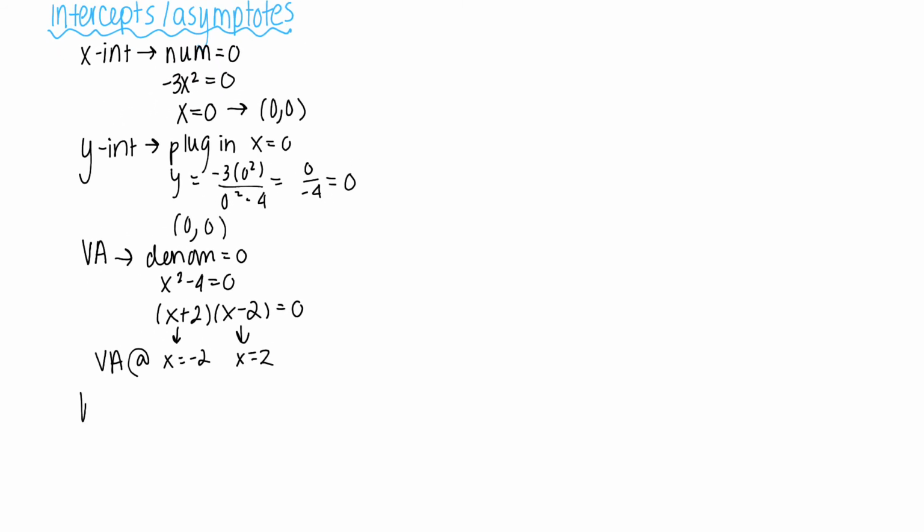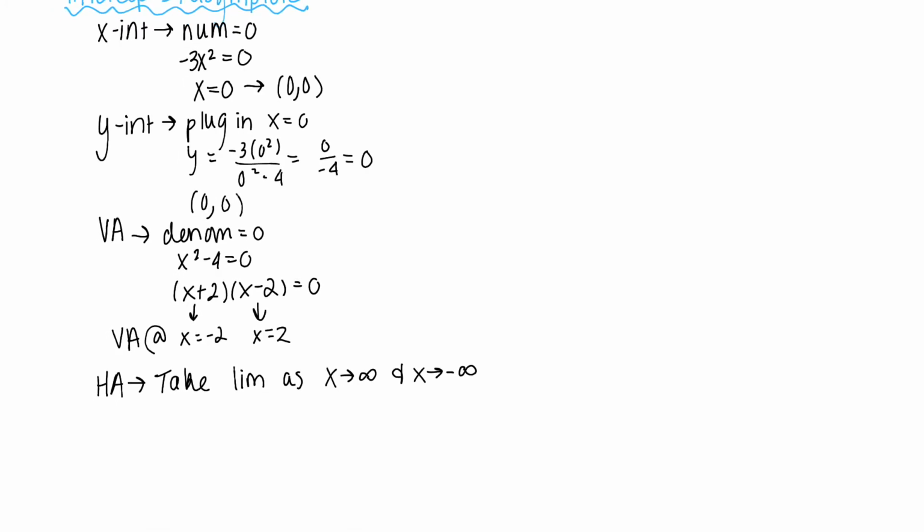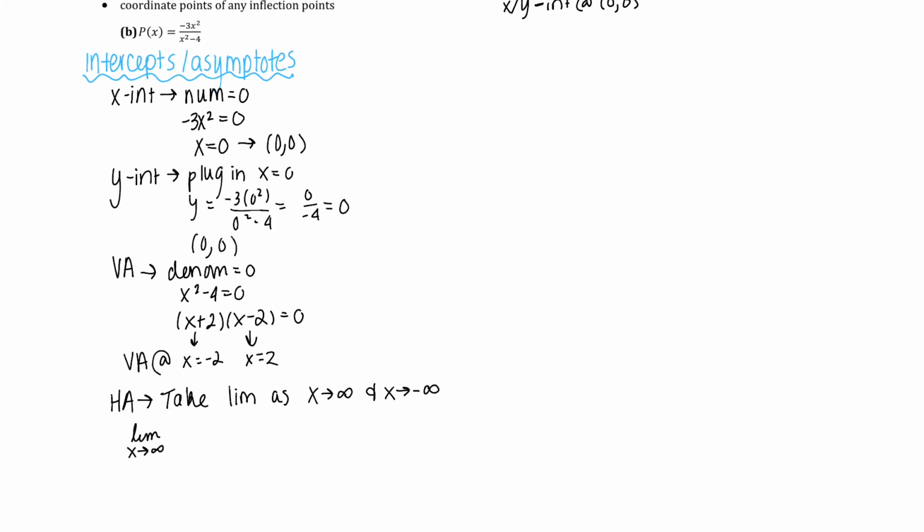For your horizontal asymptotes, this is where you take the limit as x goes to positive and negative infinity. So we have the limit as x approaches infinity of the original equation, which is negative 3x squared over x squared minus 4.